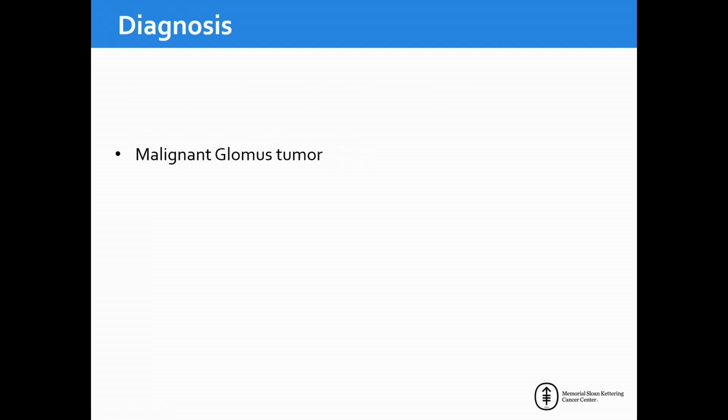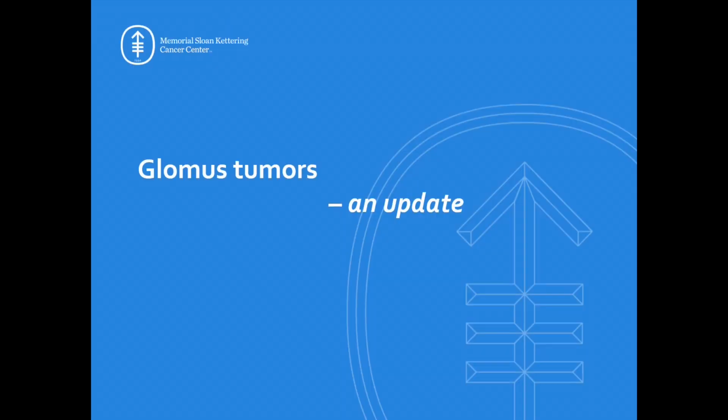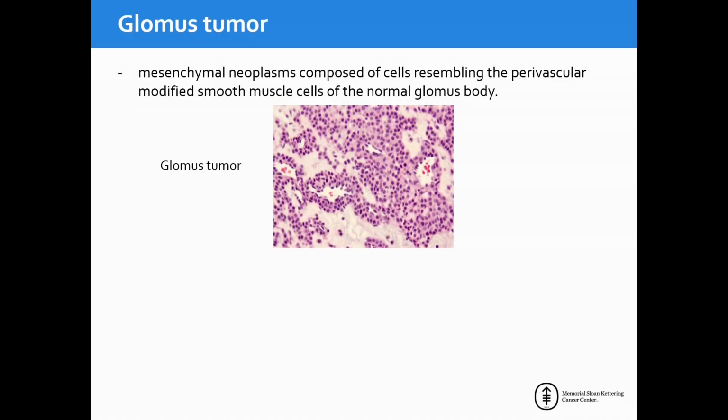So let me give you a brief update on what's happening in the world of glomus tumors. What is a glomus tumor? A glomus tumor is a mesenchymal neoplasm composed of cells resembling the perivascular modified smooth muscle cells, or pericytes, which are typically cells we can see normally around each vessel.